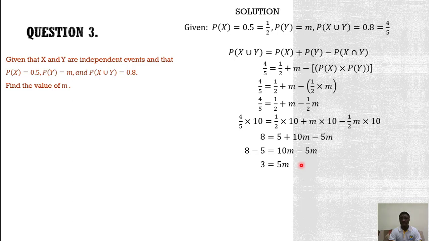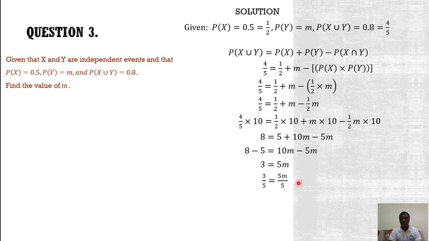So when you simplify, you get 3 equal to 5M. So in order to get M, you have to divide both sides by 5, as you can see on your screen.